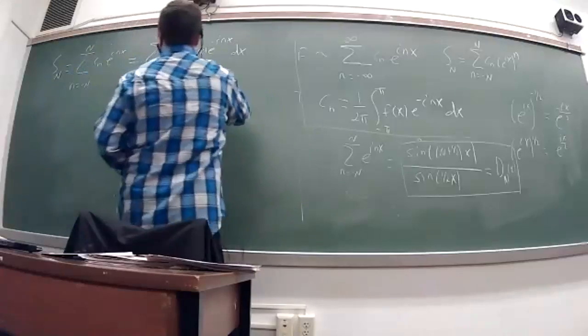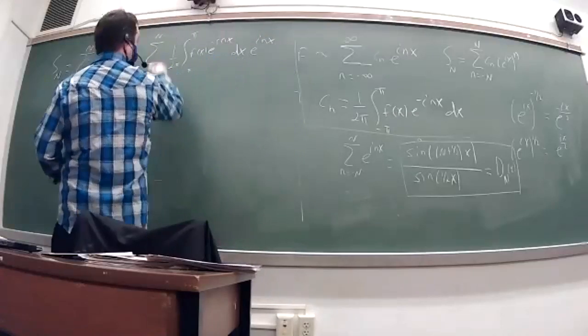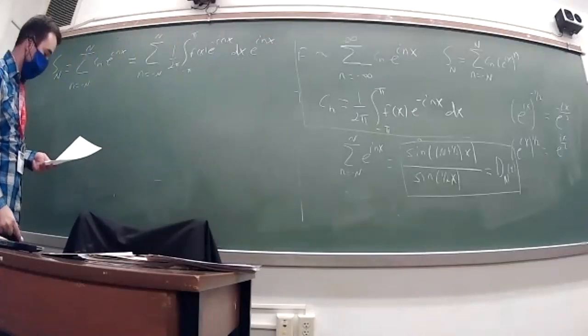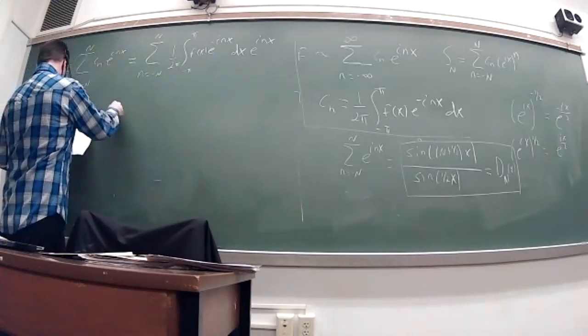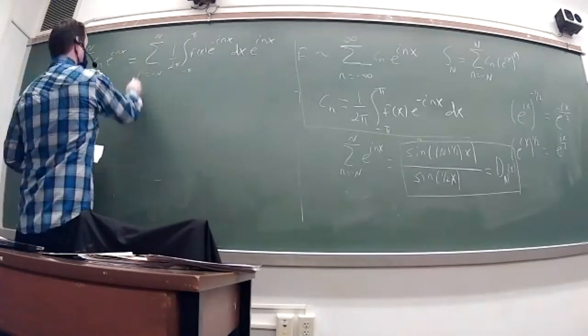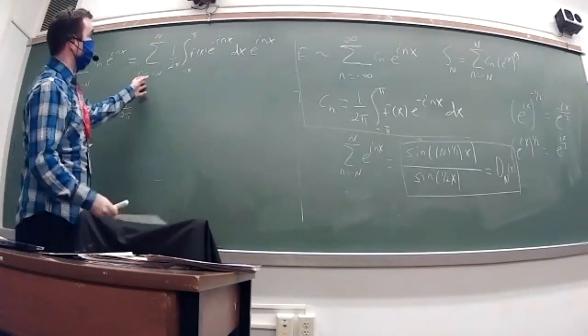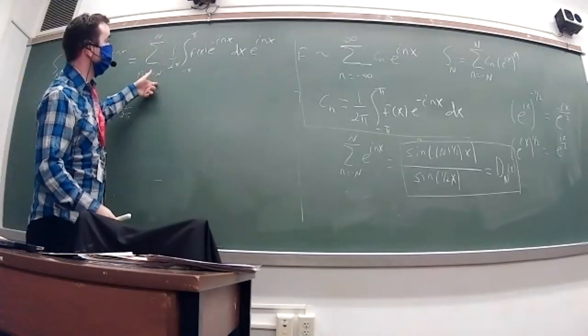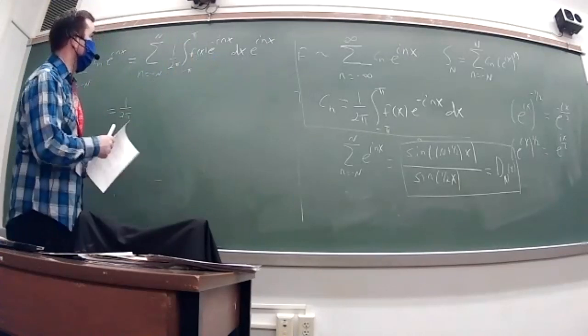So this is c sub n, and I'm multiplying by e to the i n x, and I'm adding it up. And what I want to do is pull out the constant. Since the integral is linear, I can bring the summation inside the integral.